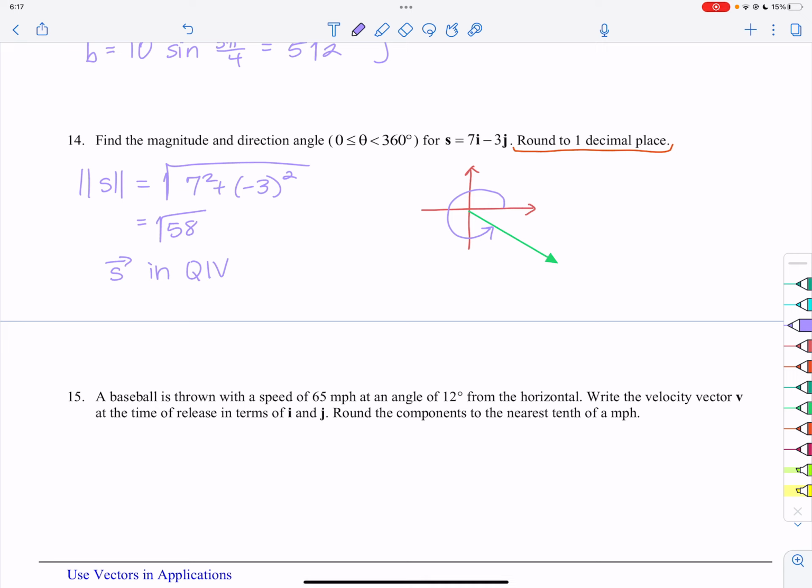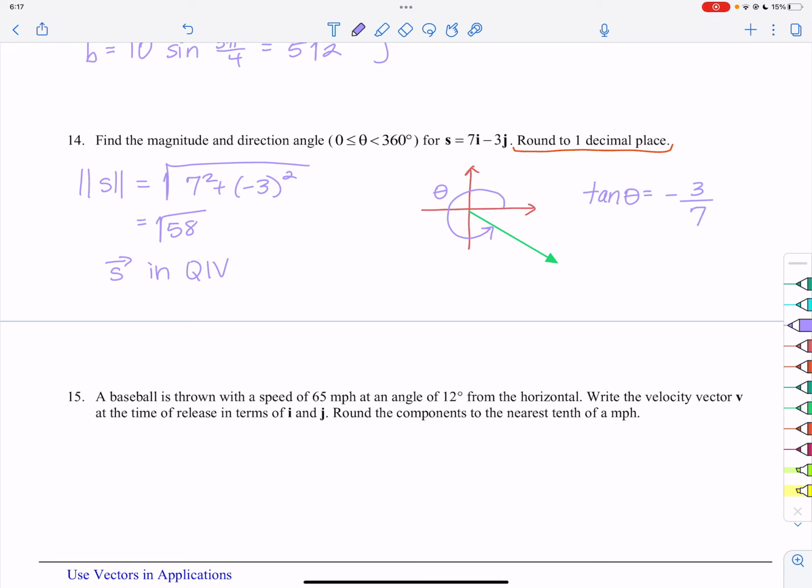So that's what theta is going to be. Okay? And what will we have? We'll have the tangent of theta is going to be the opposite of 3 over 7.